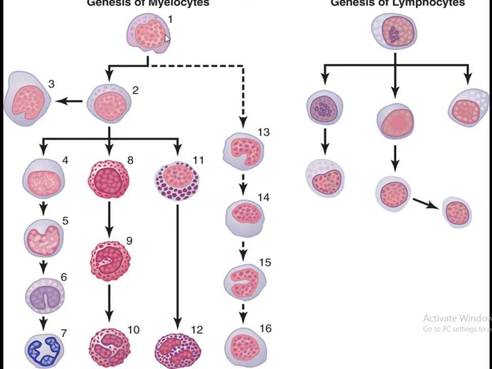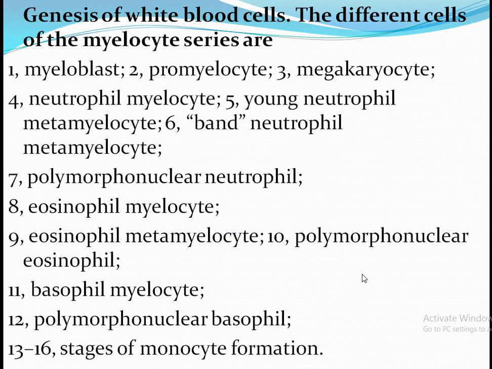Numbers 13 to 16 show the stages of monocyte formation, so that finally we have this monocyte. I write all these stages and types of cells, how they are changed to other forms one by one, that is written here.